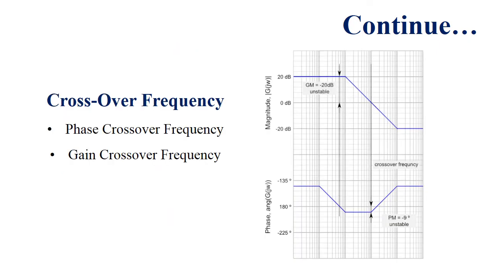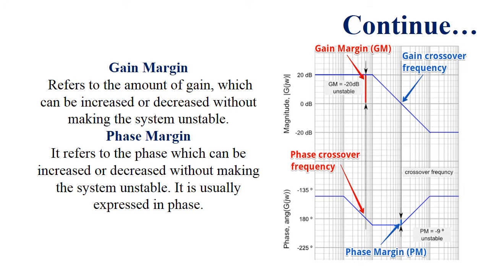Crossover frequency basically consists of phase crossover frequency and the gain crossover frequency. Phase crossover frequency is the frequency where phase shift equals -180. Gain crossover frequency is the frequency where the amplitude ratio is 1 or log modulus equals 0. Gain margin refers to the amount of gain which can be increased or decreased without making the system unstable.